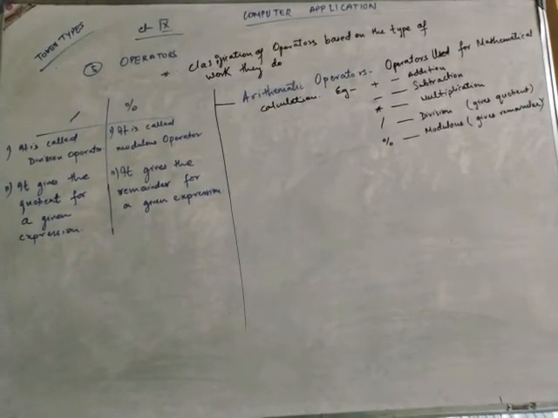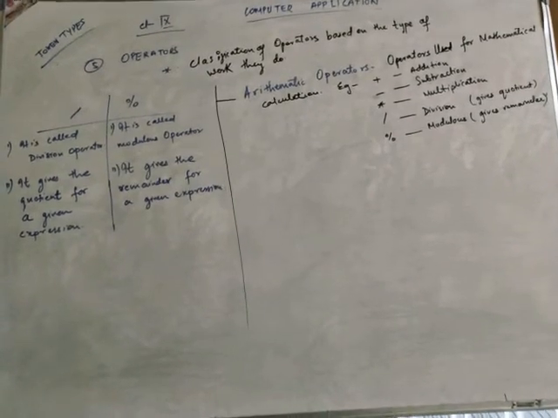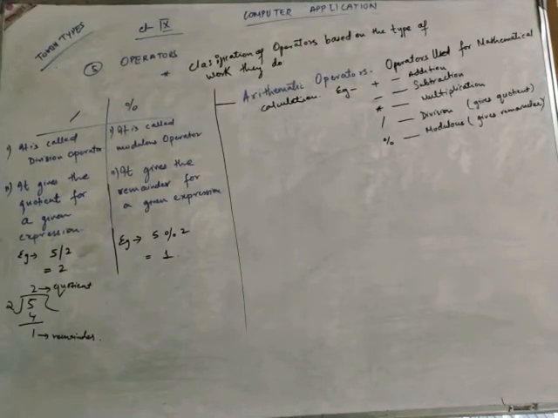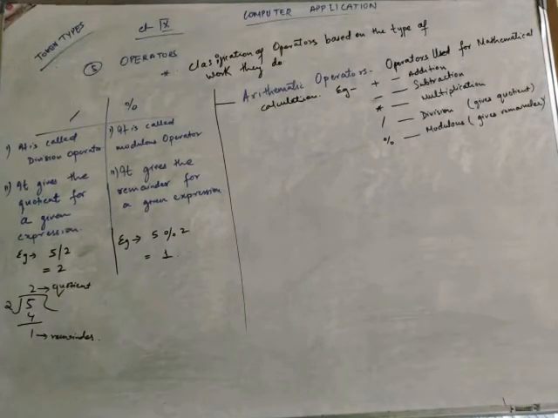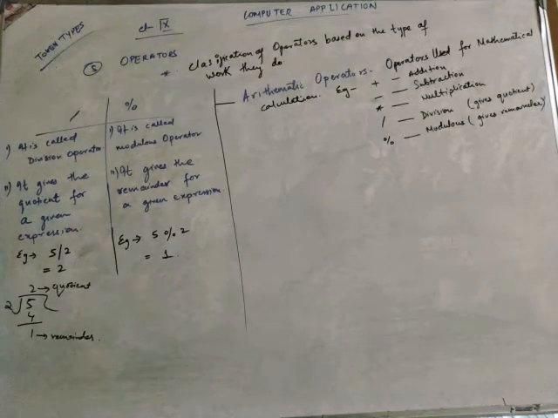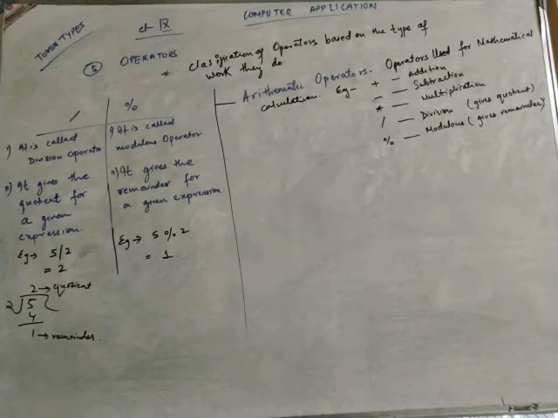For example, when I divide 5 by 2, the quotient we get is 2, so the answer will be 2. When I divide 5 by 2 and calculate the remainder, it is 1, so 5 modulus 2 will give you 1. Clear? This is the difference between the division operator and the modulus operator.